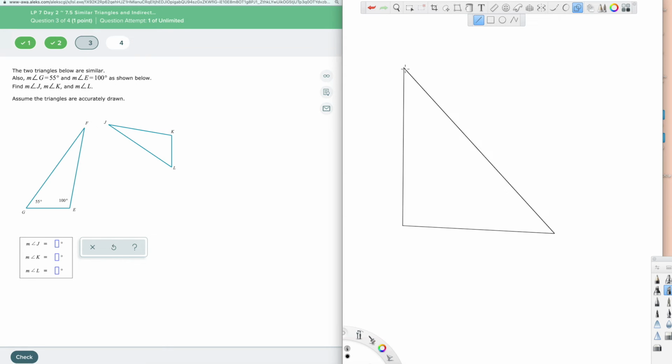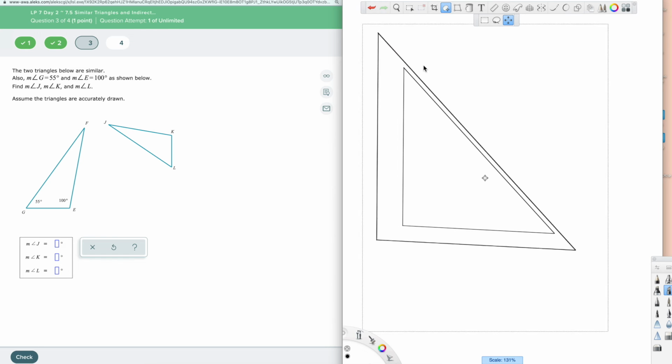So here I have this triangle, and I'm going to try to lasso it real quick. Boom, like that, and I'm going to copy paste. All right, so I made another triangle. So right now they are congruent. They're the exact size and shape. But what I can do with this program is enlarge it like this.